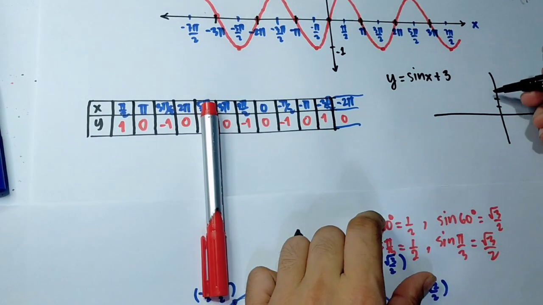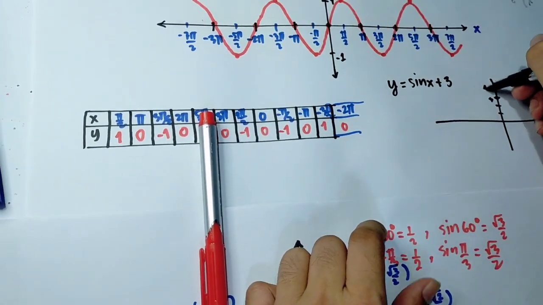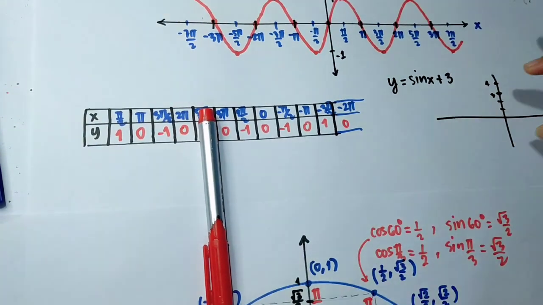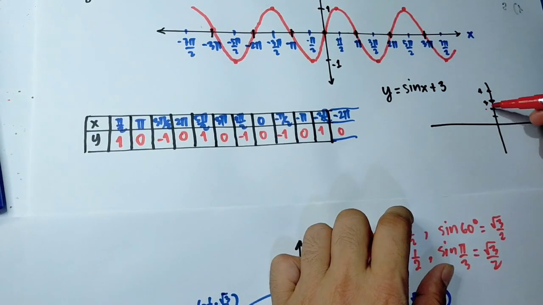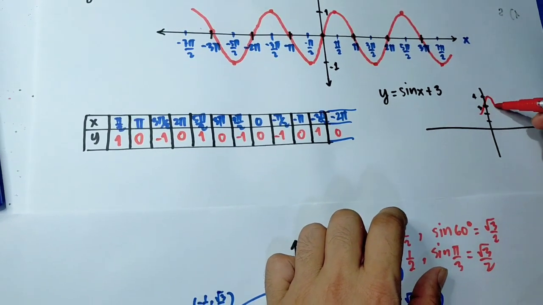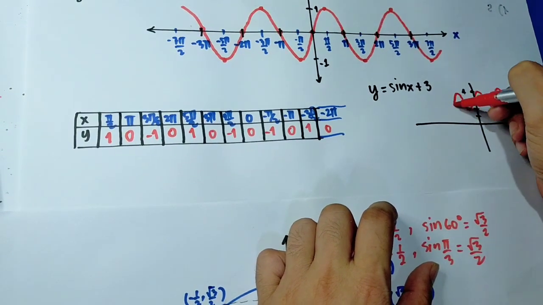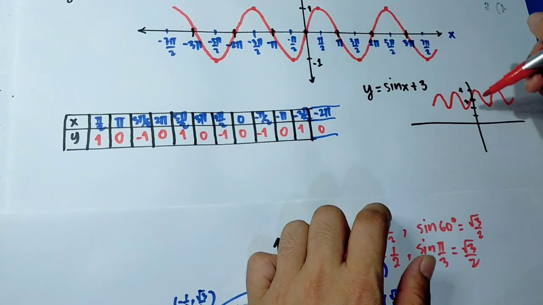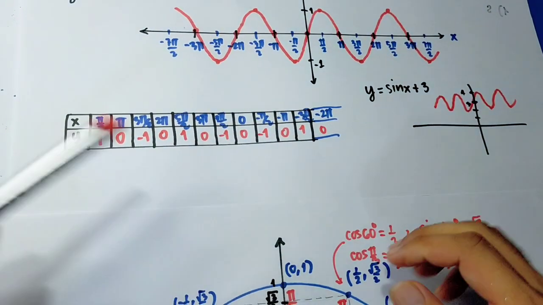Okay, we'll see this is 3, and then this is 4 here. So the length of our sine function is 1. So it's going to be like this. So you just simply translate the sine wave 3 units up. If you subtract it, you're going to move units down from the origin.